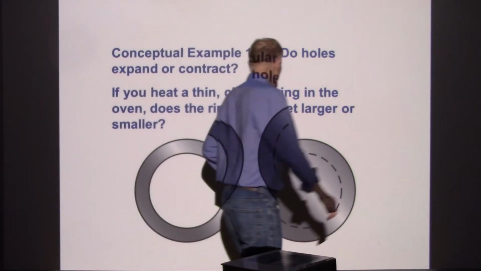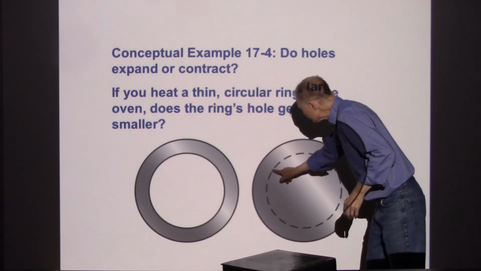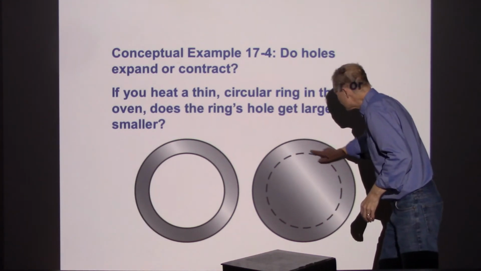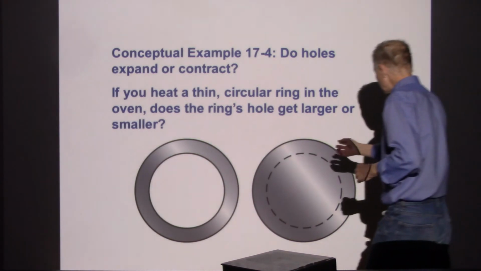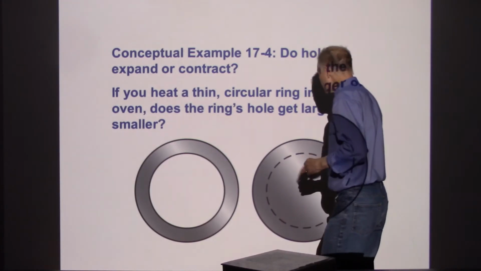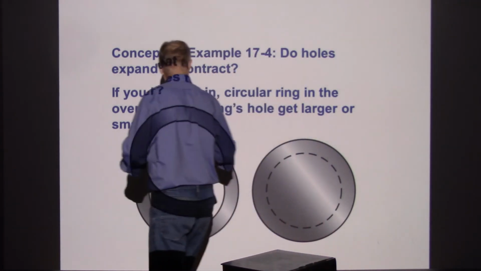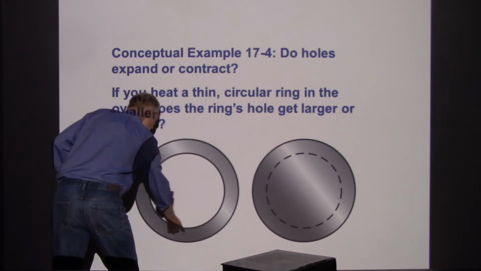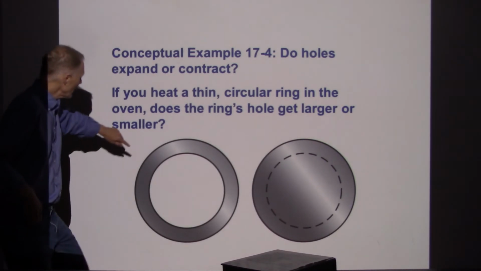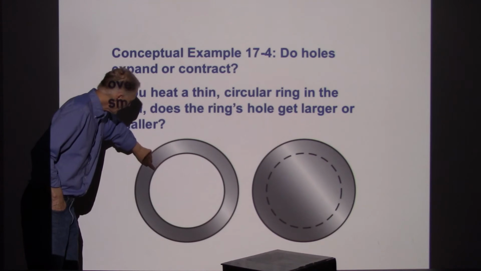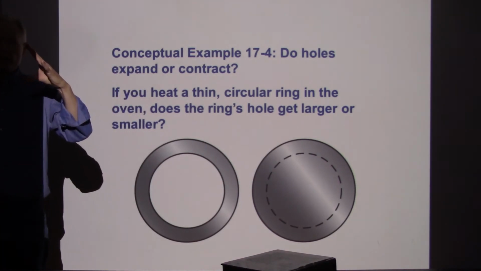Now that indicates that this entire piece will expand, but it also indicates that if I mark out any region inside of here, that also expands, right? Now what I can do is I can cut that out and repeat the process and go, same thing's going to happen. That portion that we cut out is going to get bigger. Those molecules are all going to move away from each other. If I look at all the nuclei lined up along the circle here, and they're all at some distance, all those distances go up.